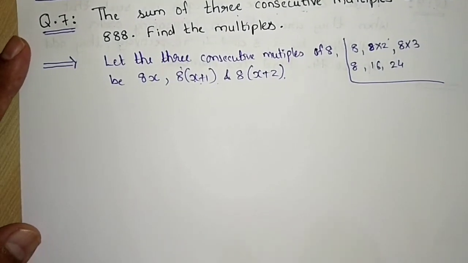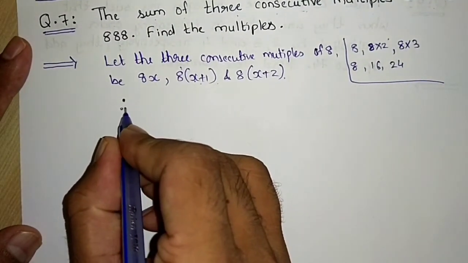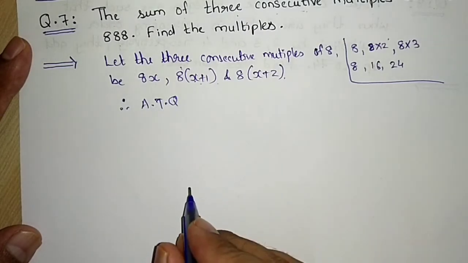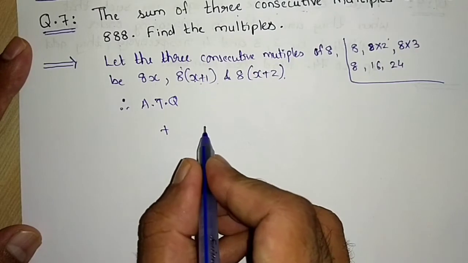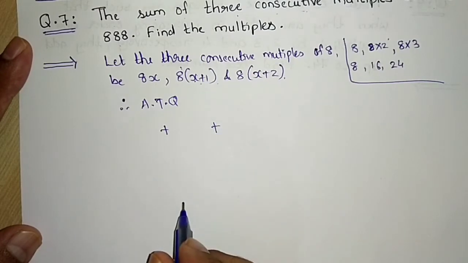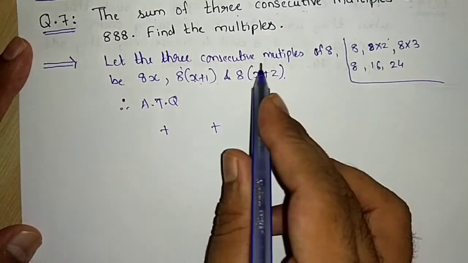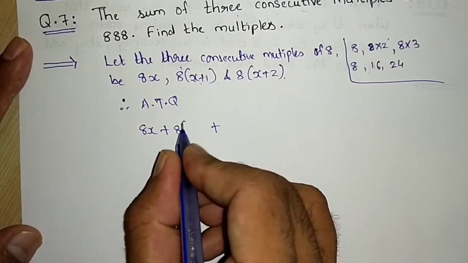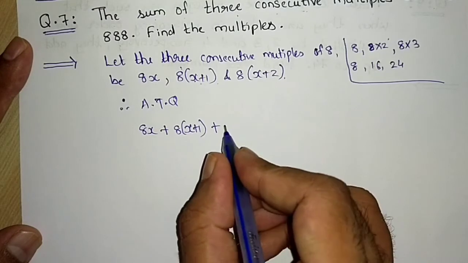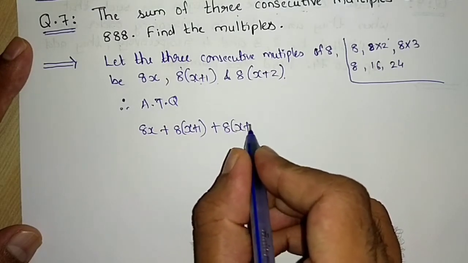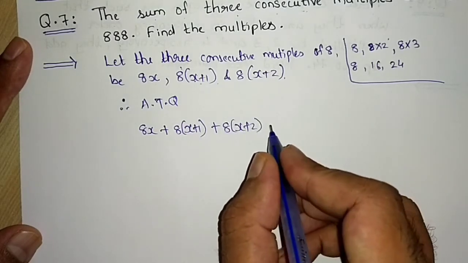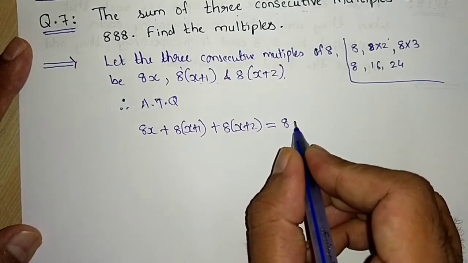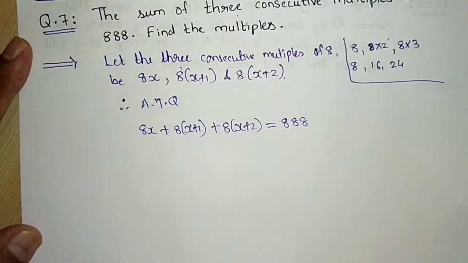Now what? Now according to the question, the sum of three consecutive multiples, that is 8x, 8x plus 1, 8x plus 2, is equal to 888.